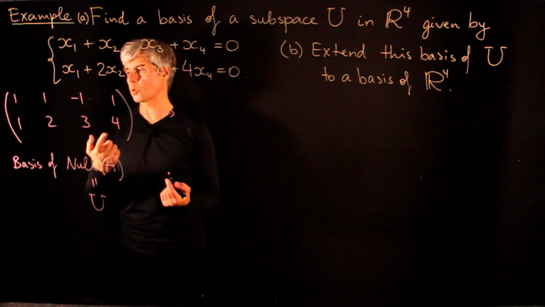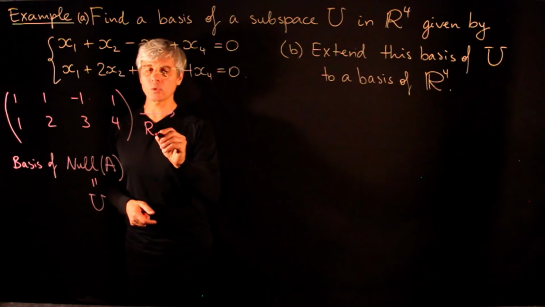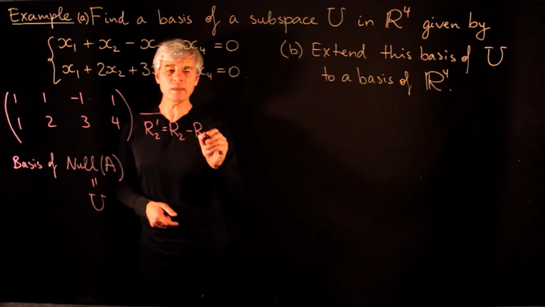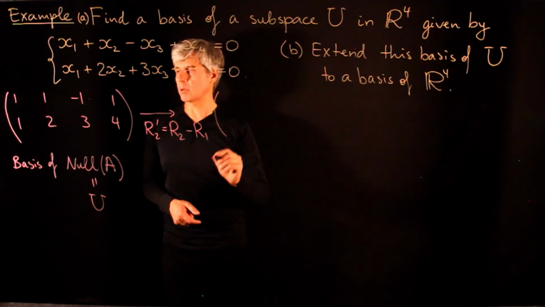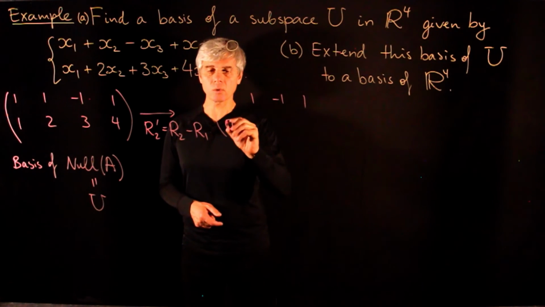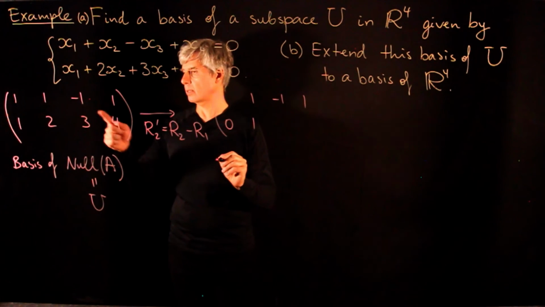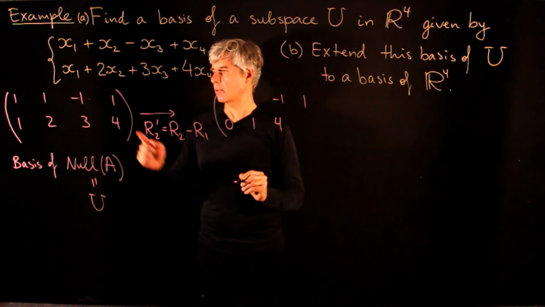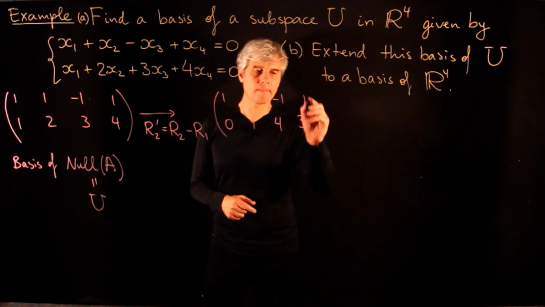And to do this, we need to do row reduction. So we say row 2 prime is row 2 minus row 1. So we get the matrix 1, 1, minus 1, 1, 0, 1, and then 3 minus negative 1, that's 4, and 4 minus 1, that's 3.